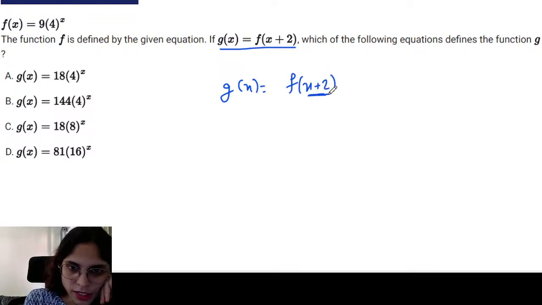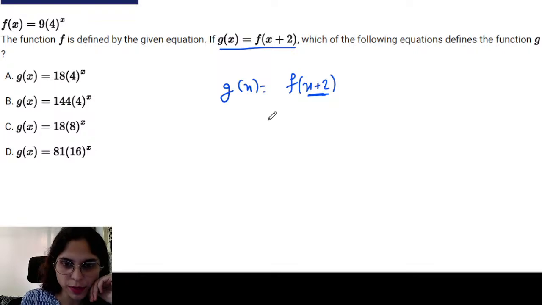So the meaning of this is wherever you see x, you have to replace it with x plus 2. So this will be 9 times 4 to the power x plus 2.